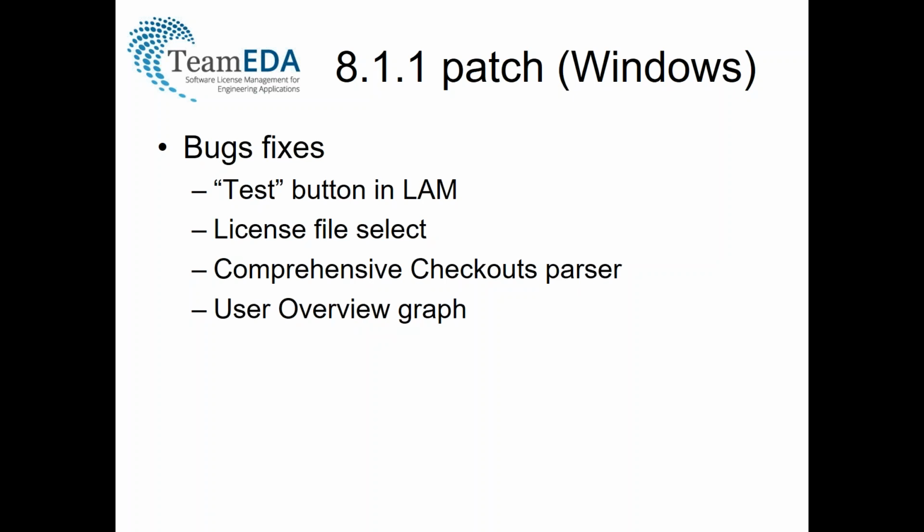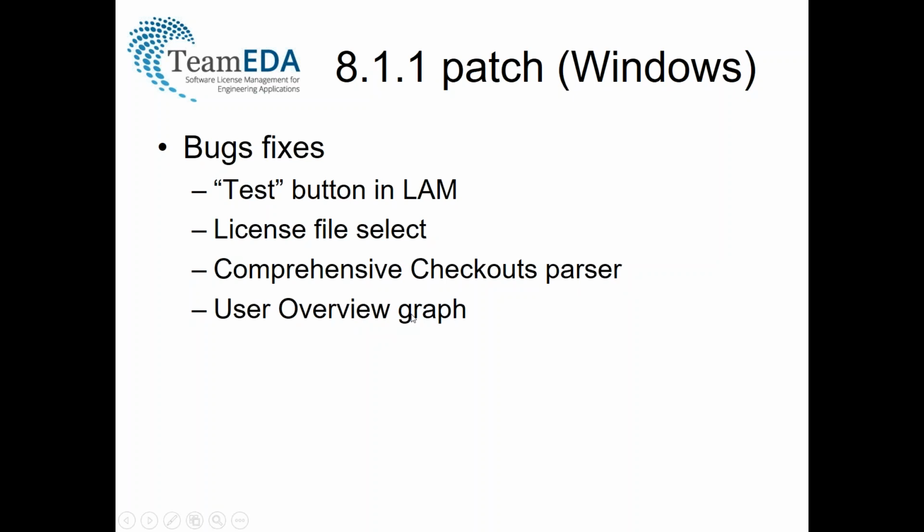So you need to get upgraded to 8.11, and it's just a patch for Windows. Same with license file select. That was working fine until 8.1. Again, if you have license files already in, it doesn't affect that, but with new license files you would have a problem in 8.1 unless you upgraded to 8.11. Same with the comprehensive checkouts parser and the user overview graph.